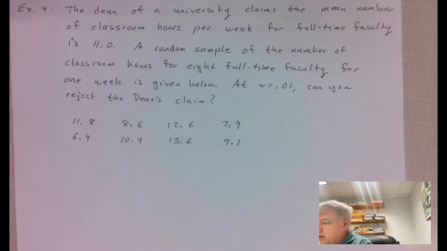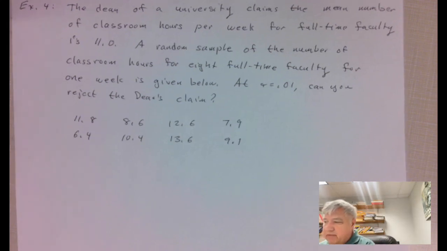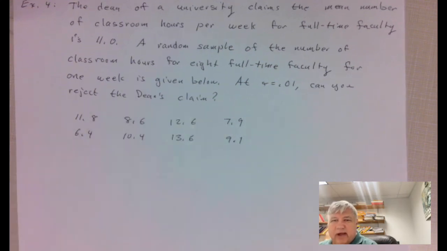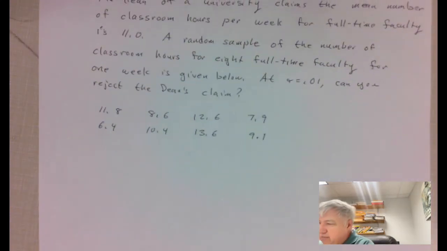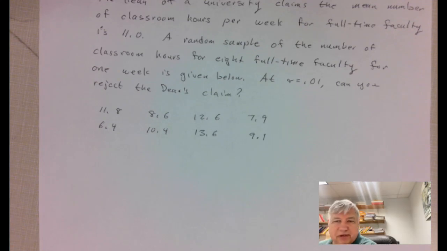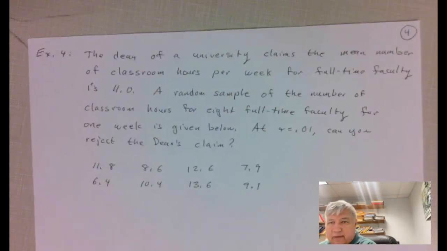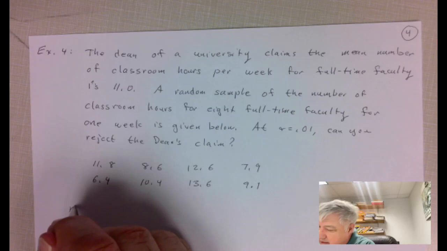Okay. Now the thing is, we have to do a little bit of work here. This is our data, we have to go ahead and find the sample mean and the sample standard deviation. But let's first make sure, we'll assume the population is normally distributed, because n is 8, obviously.